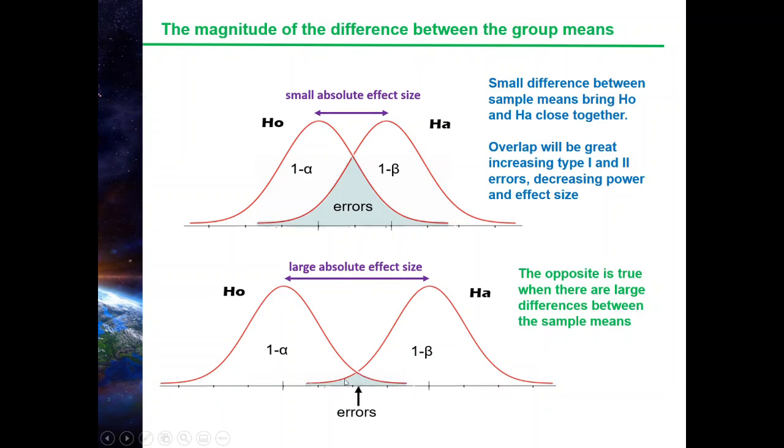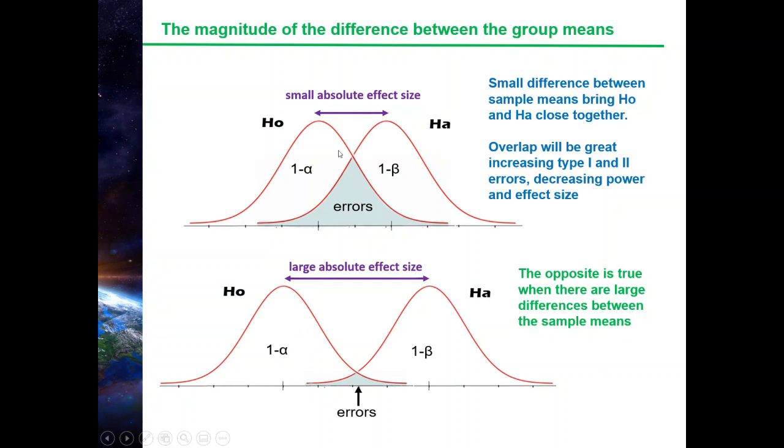They overlap less, and so the shaded areas where we could be making a mistake go down. So alpha and beta, the two areas combined, are very small compared to up here. And if these areas are very small, then 1 minus beta and 1 minus alpha are very large.